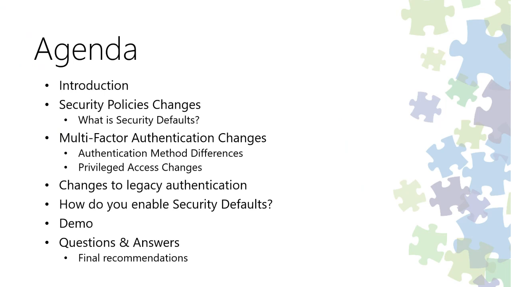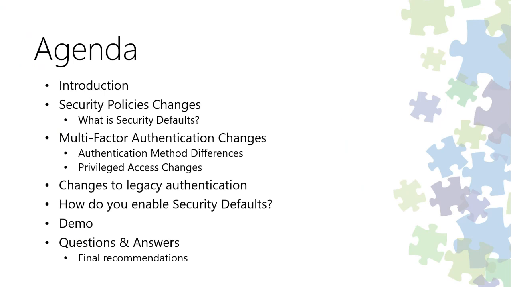So we'll have a small introduction as far as the origins of security defaults. We are going to speak on the security policy changes, and explain what security defaults is. We also will speak on the multi-factor authentication changes, right? So we are going to see the different methods that this new feature allows us to use for MFA.